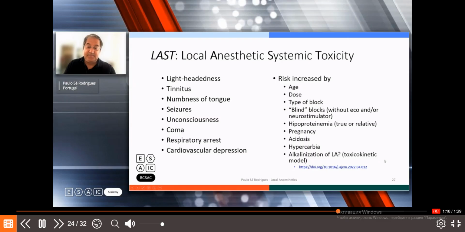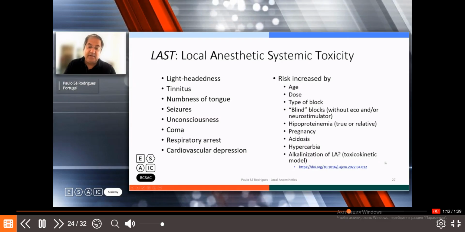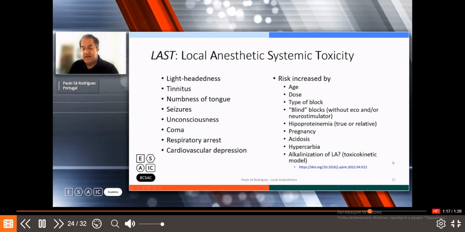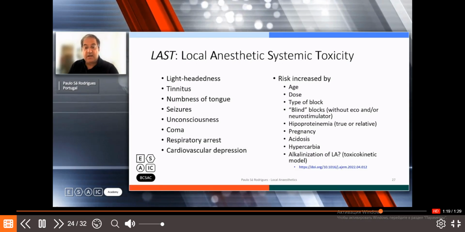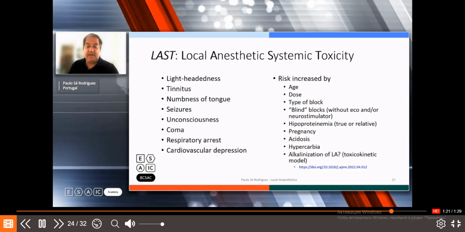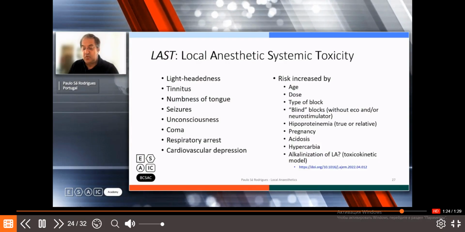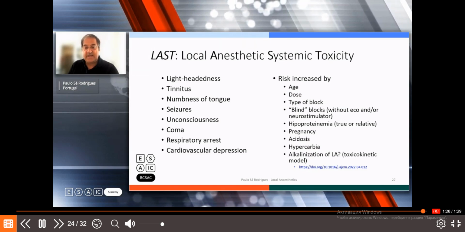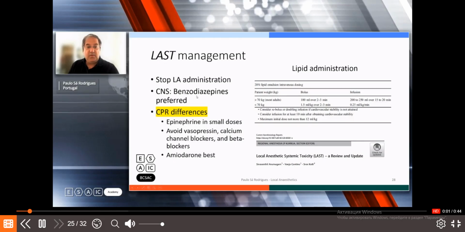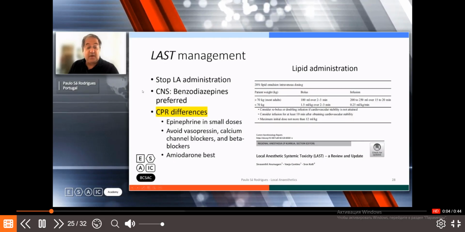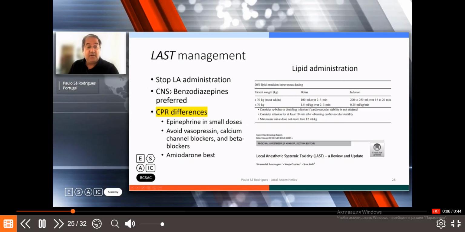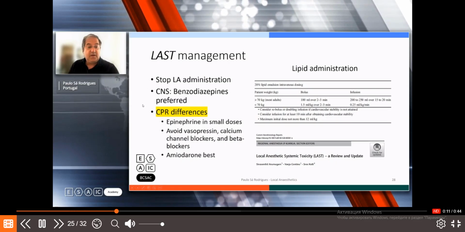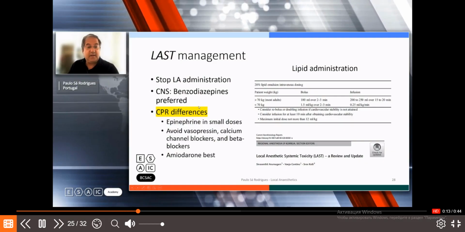And we do know that sometimes when local anesthetics are alkalinized, they may have a higher probability of causing toxicity. So treatment is to stop administration. Those who have CNS symptoms should be counteracted by benzodiazepines.